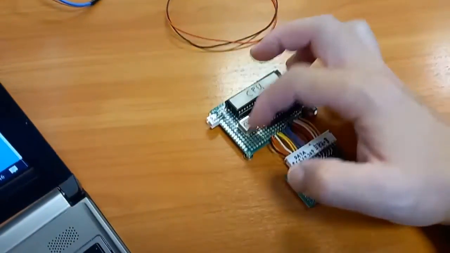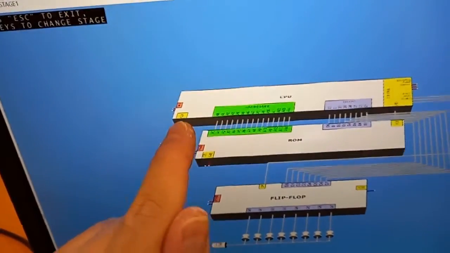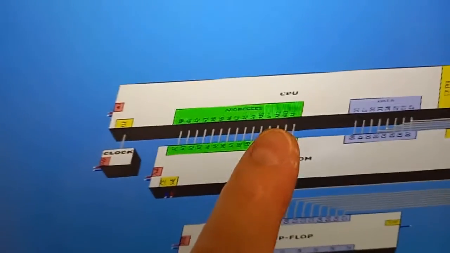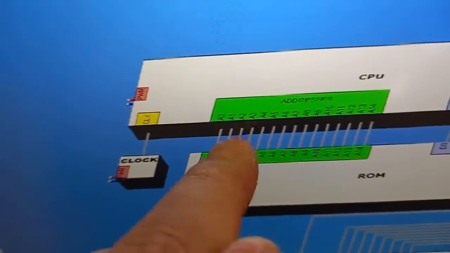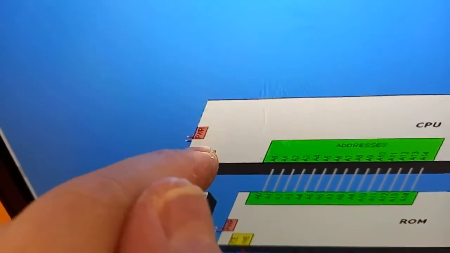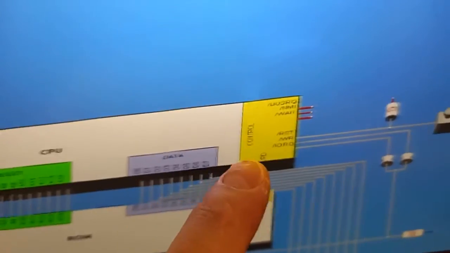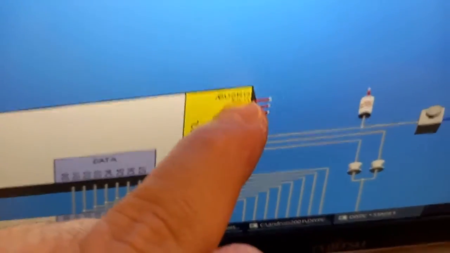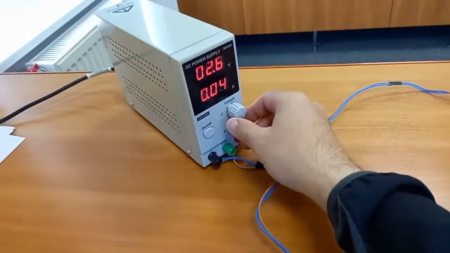When the CPU starts, here we have legs, as you see, we have these pins or legs, and these ones are marked. These are address pins, these are data pins, and these are control pins. Some of them we need to connect to plus, to the voltage.